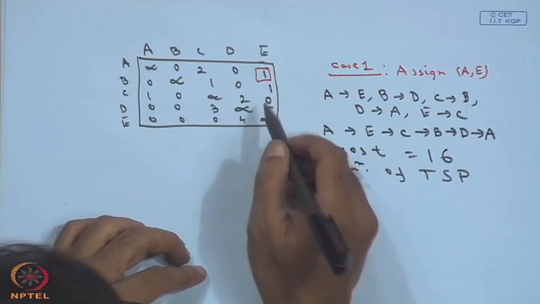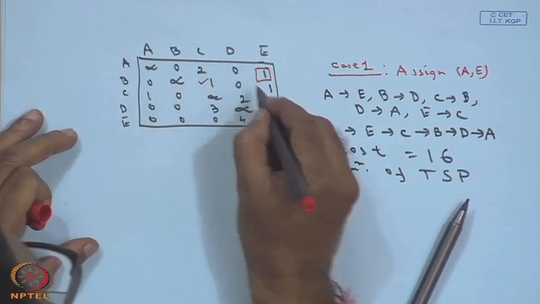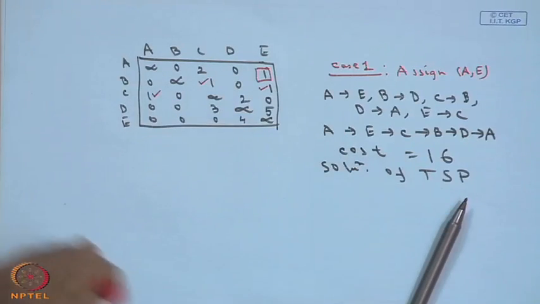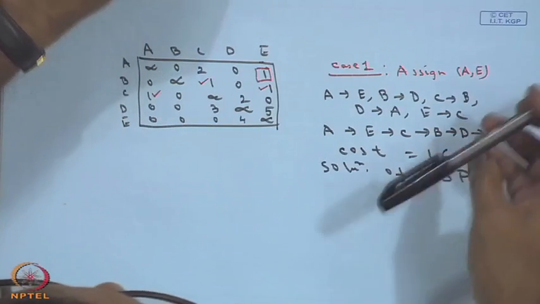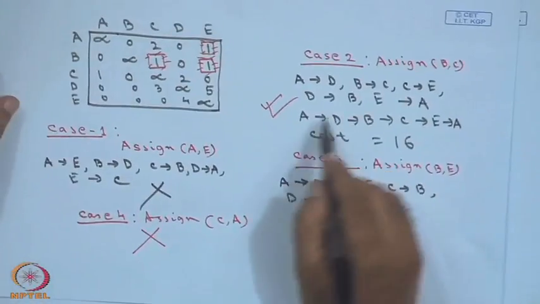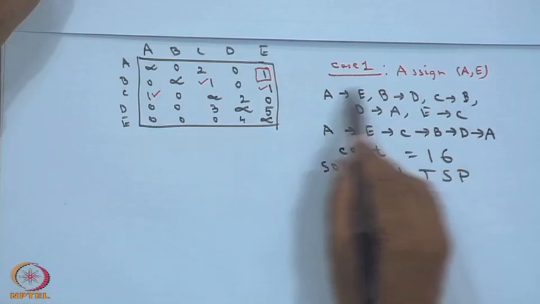Just like I derived 4 cases for the earlier case, here also I did it for A E, then you will take this one, then this one, and you may see the solution of this one. One thing may be noted: one solution of the TSP I obtained as this path, the other solution I am obtaining as this path.